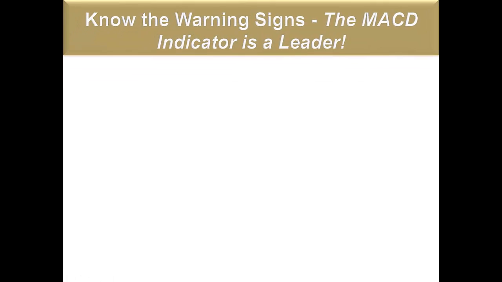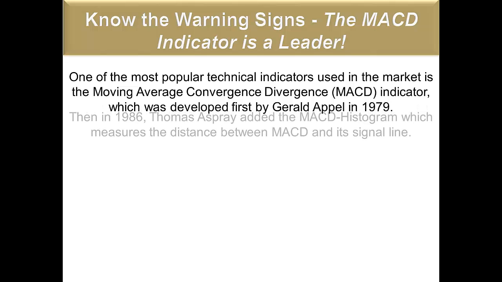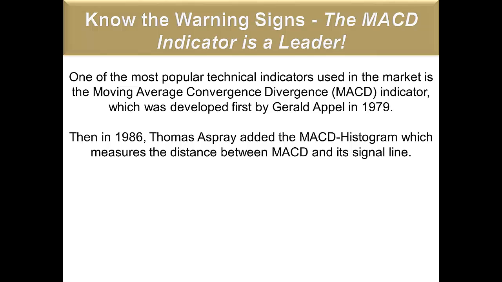Know the warning signs. The MACD indicator is a leader. One of the most popular technical indicators used in the market is the Moving Average Convergence Divergence, MACD indicator, which was developed first by Gerald Appel in 1979. Then in 1986, Thomas Aspray added the MACD histogram, which measures the distance between MACD and its signal line.